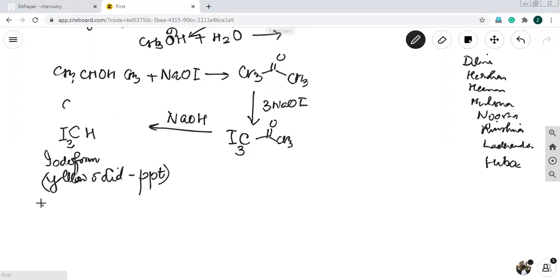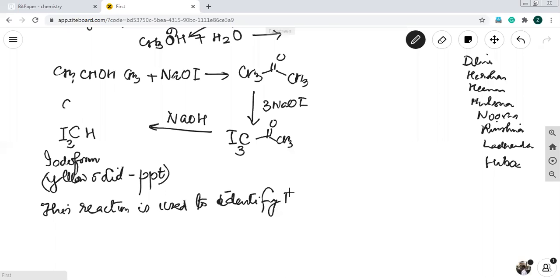This reaction, iodoform reaction, is used to identify the presence of a group like this in a molecule.